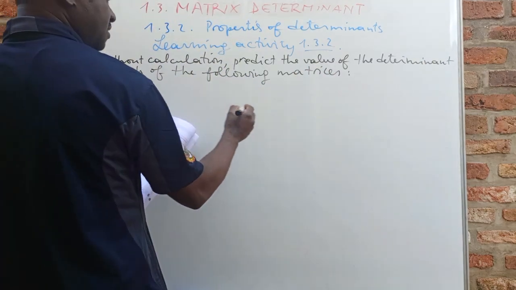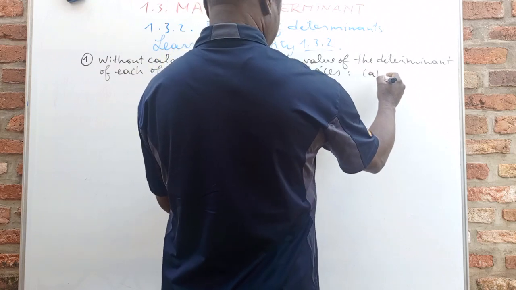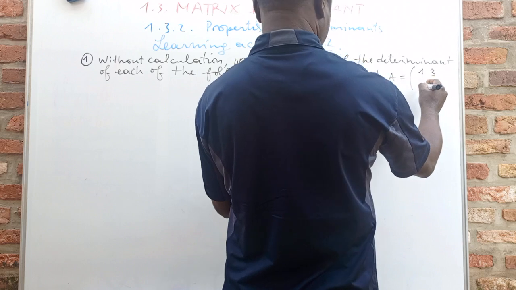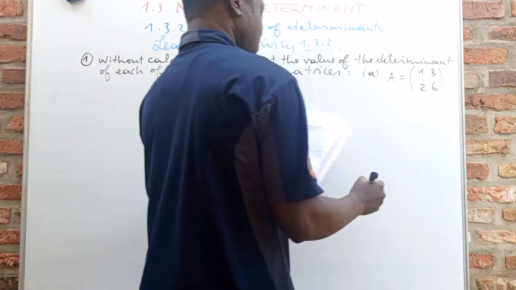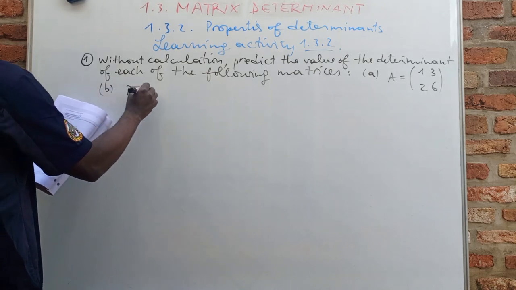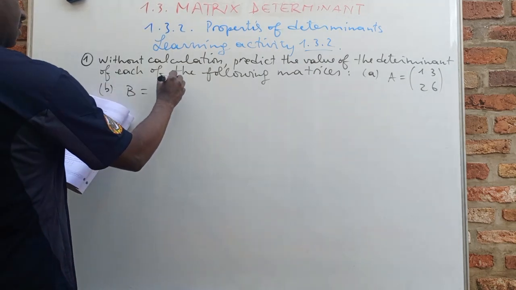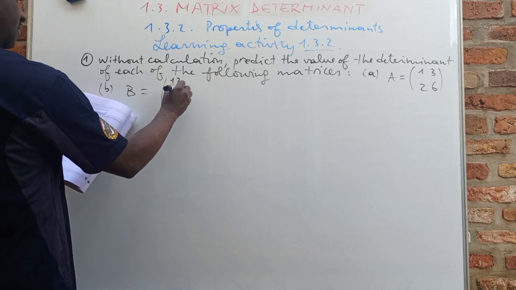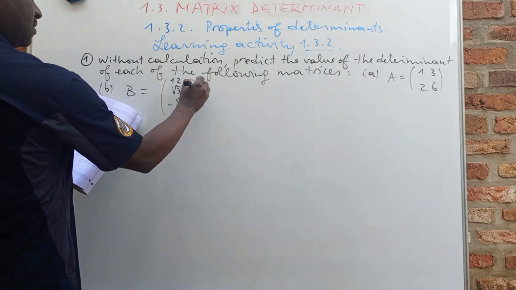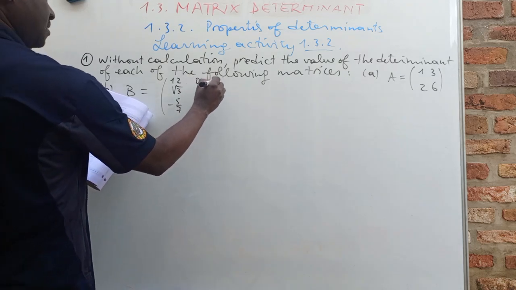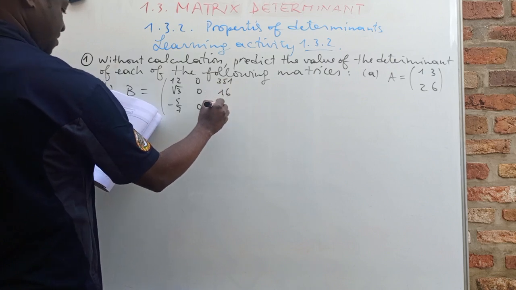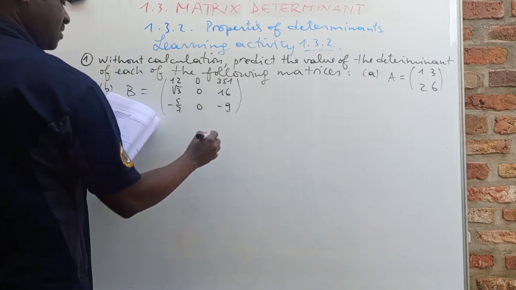So first matrix is matrix A, 1, 3, 2, 6. Second matrix, matrix B, this is 12, square root 3, negative 5 over 7, 0, 0, 0, 3, 5, 1, 16, negative 9. This is it.